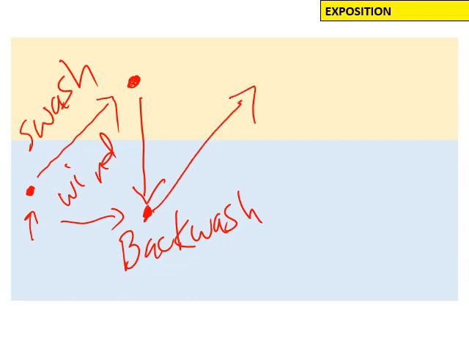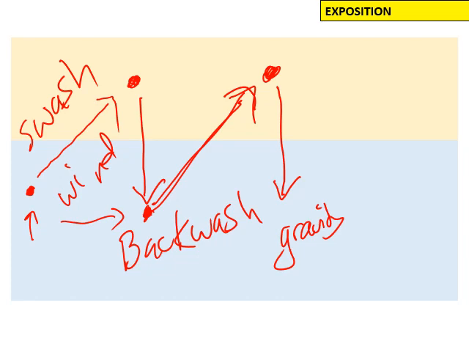Why? Because the wind blows the swash at an angle. That's my swash, and my sediment is here, and it is then pulled backwards by gravity in a straight line. And over time, that moves along in a zigzag fashion until something stops it.